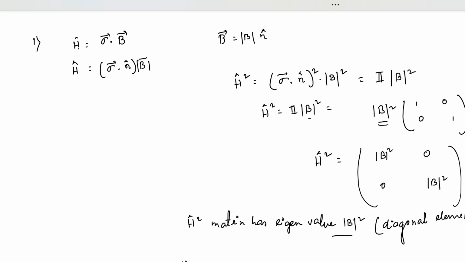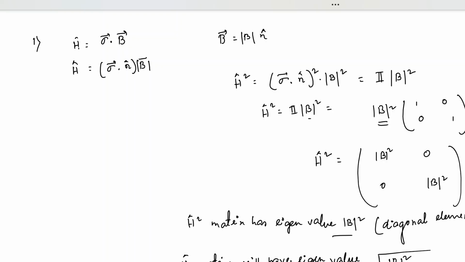Now if that is the case, then the actual Hamiltonian matrix, not the square Hamiltonian, will have eigenvalue the square root of mod B squared, which is equal to plus minus mod B. If the square matrix has some eigenvalue, then the actual matrix will have that eigenvalue's square root, so there will be a plus minus sign involved.